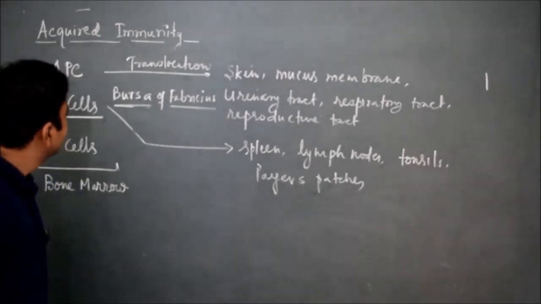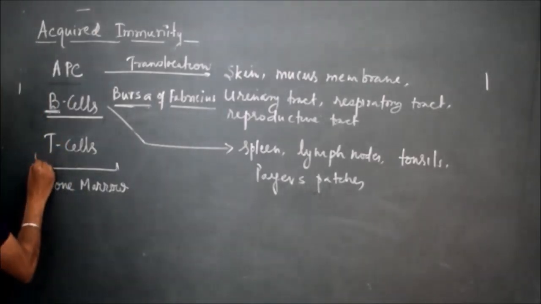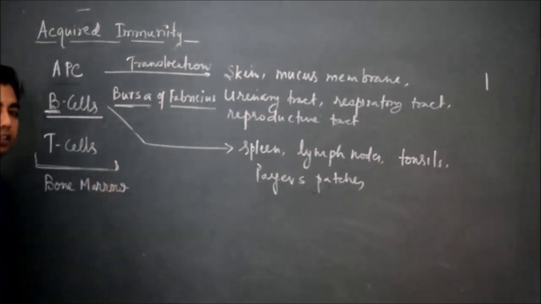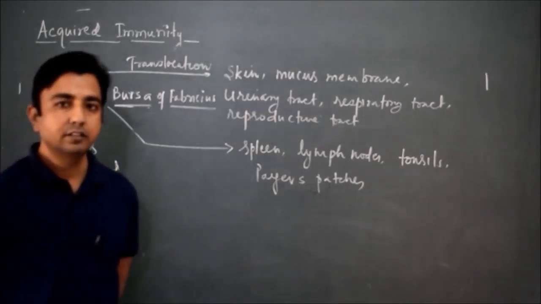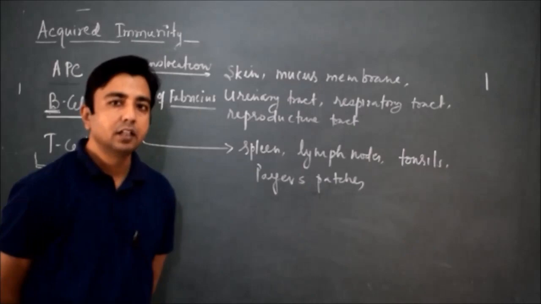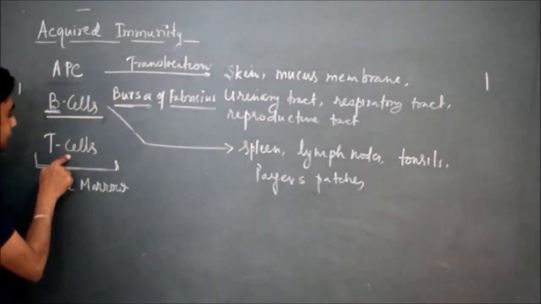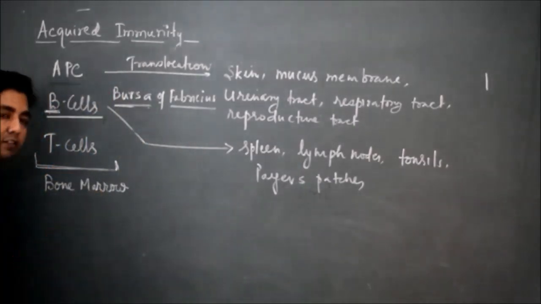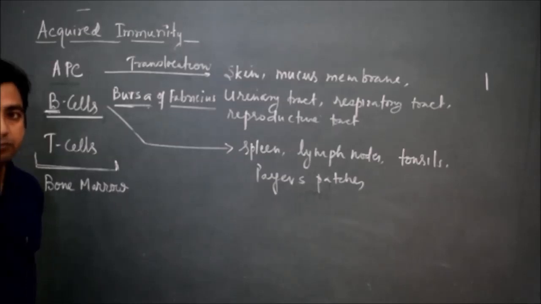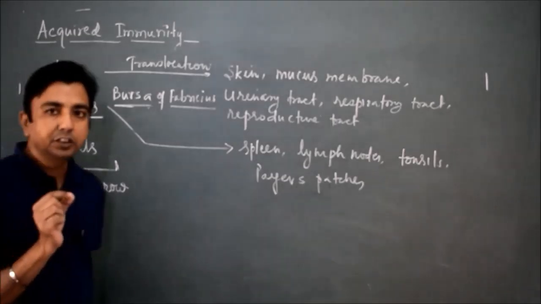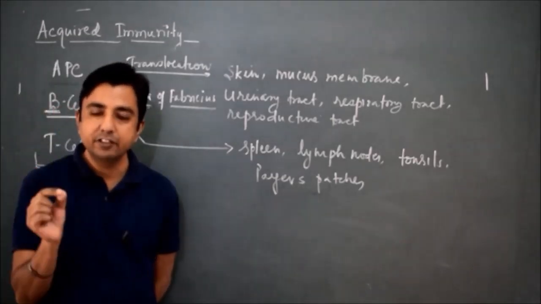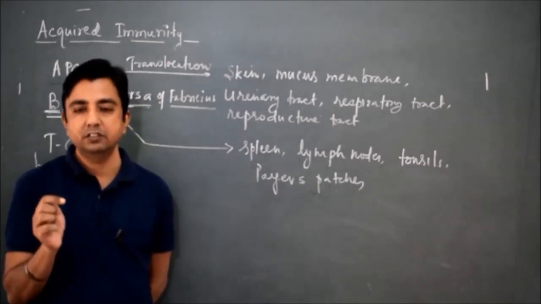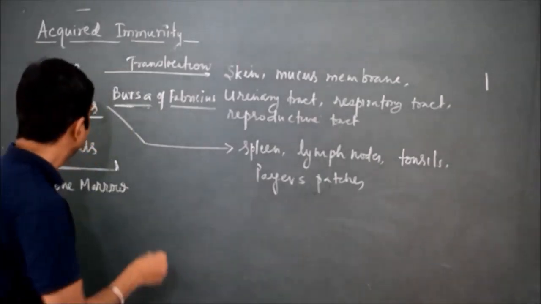Okay. Now let's talk about T cells. T cells are also called T-lymphocytes. Formation of T cells takes place in the bone marrow, but their maturation, proliferation and differentiation take place in the thymus.